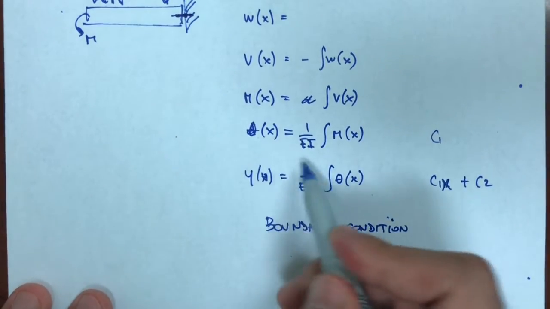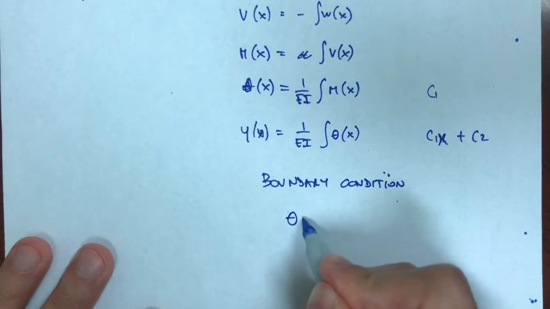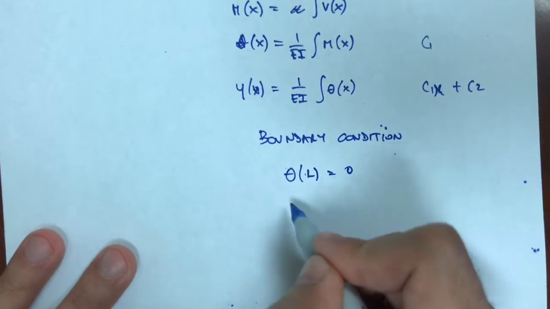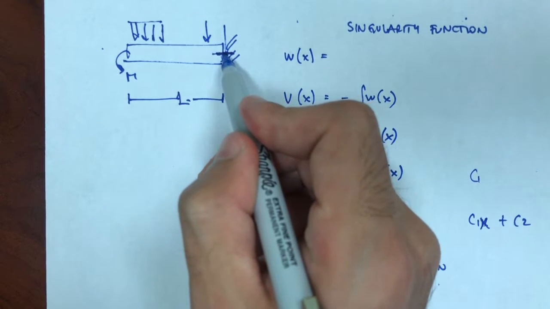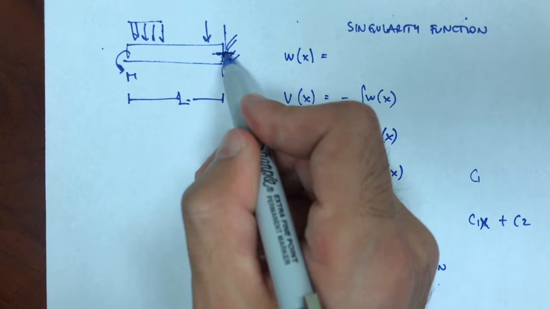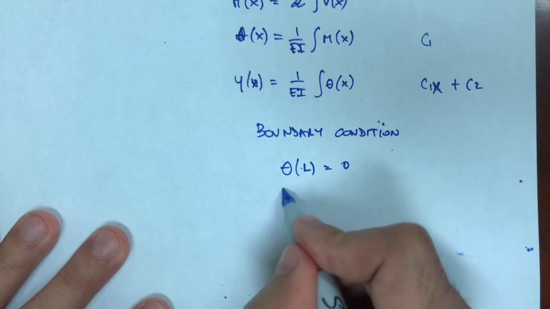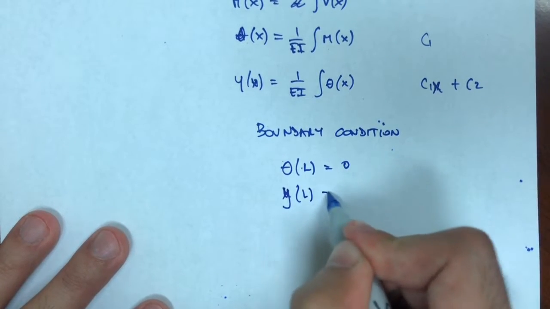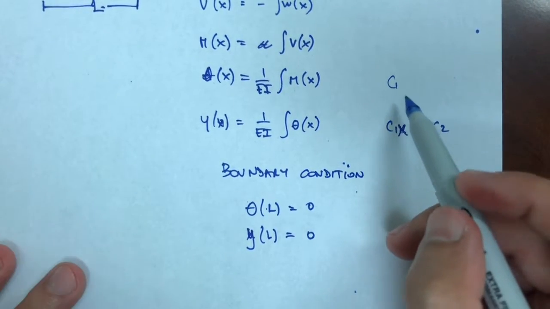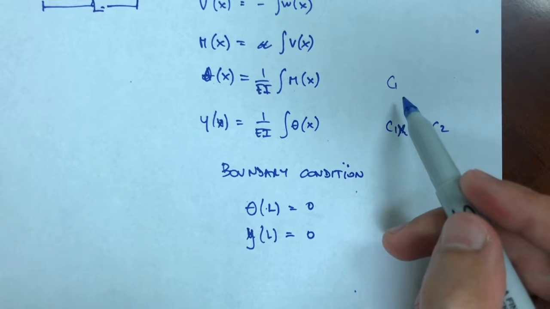So you would have theta of L is 0, and then another one would be that the deflection here is not going up or down. So y of L, with x equal to L, would also be 0. And we use these boundary conditions to solve, in most cases, a system of 2 equations and 2 variables.